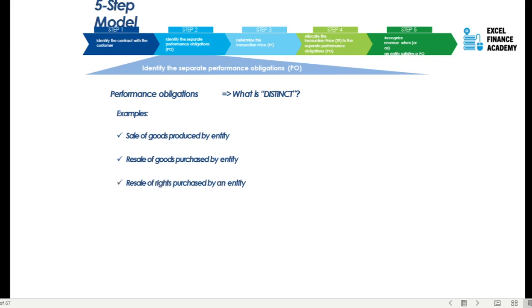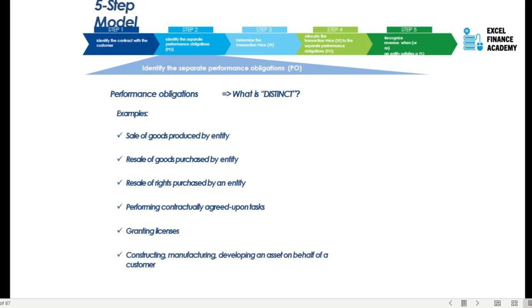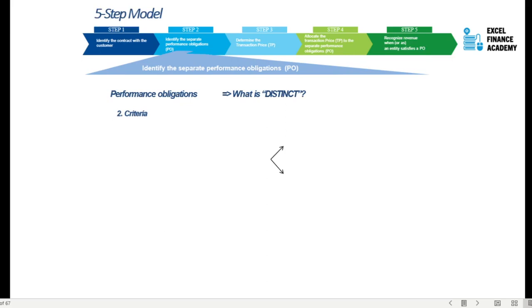Or you are reselling rights purchased by an entity, or performing contractually agreed tasks, supplying goods and services based on those specific tasks, or granting a license, or constructing, manufacturing or developing an asset on behalf of a customer. Those are all separate distinct performance obligations, right? So that is the distinct.